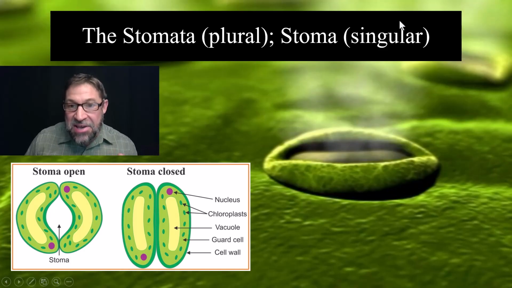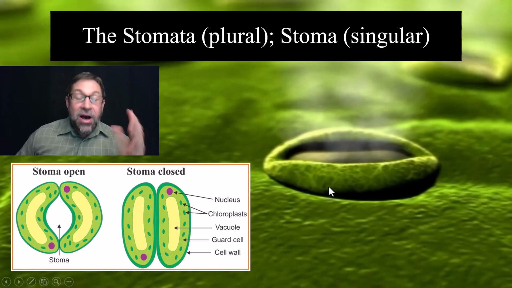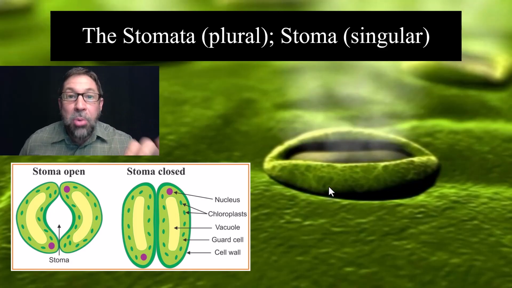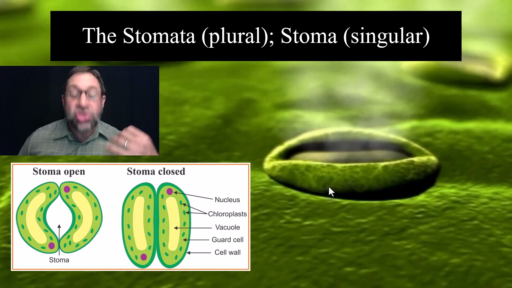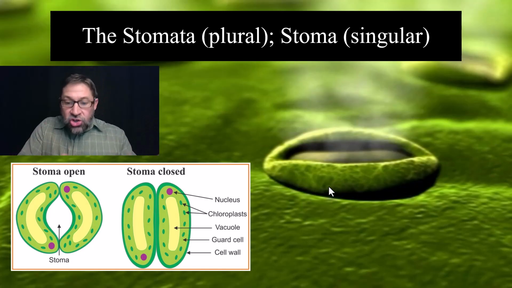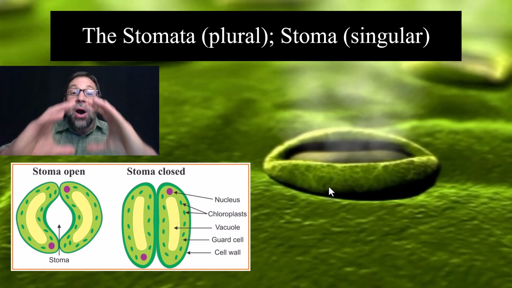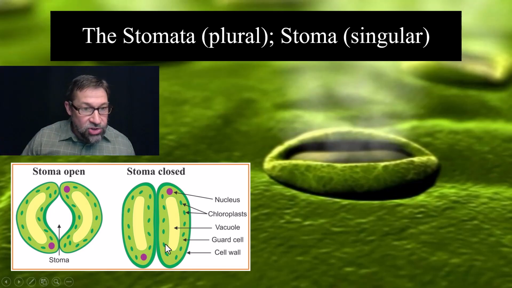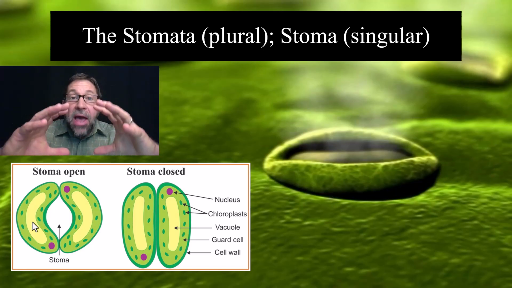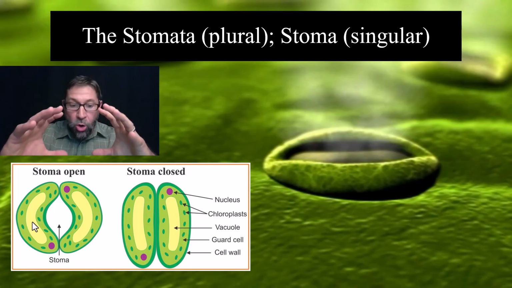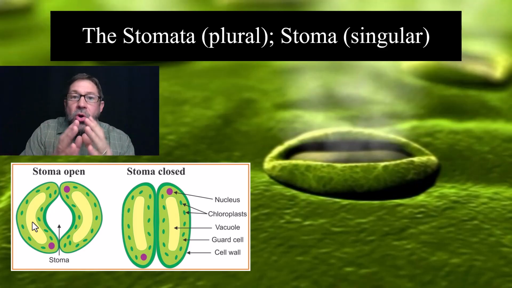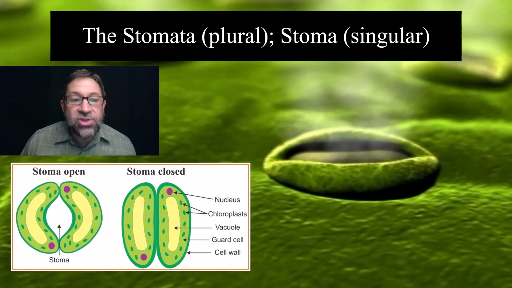Leaves are teeming with microscopic pores. An individual microscopic pore on a leaf is called a stoma. These stomata, the plural of stoma is stomata, are going to open by using guard cells that swell up and bow the pore open. And then they close when those guard cells become flaccid.